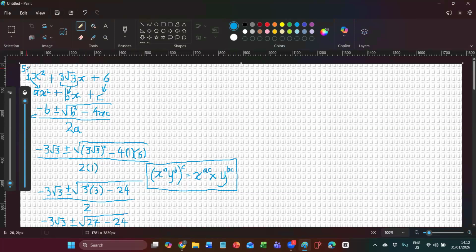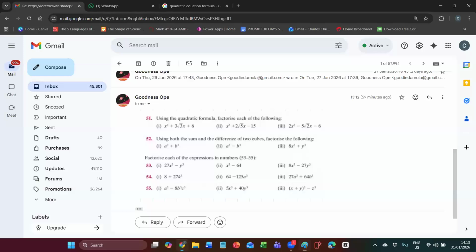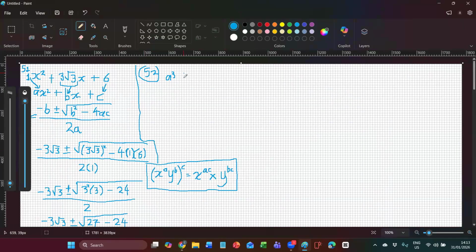Okay. So number 52 is a cubed plus b cubed.